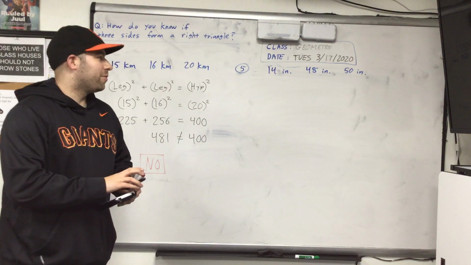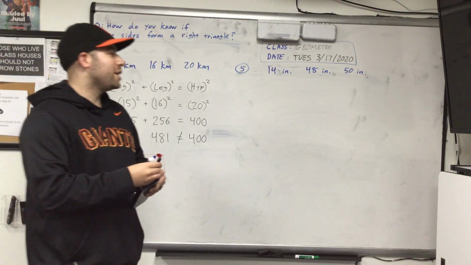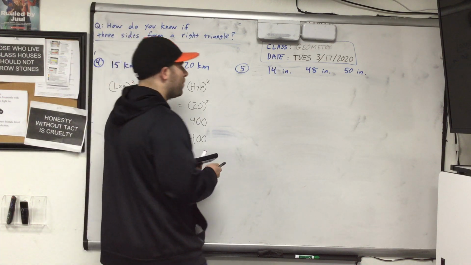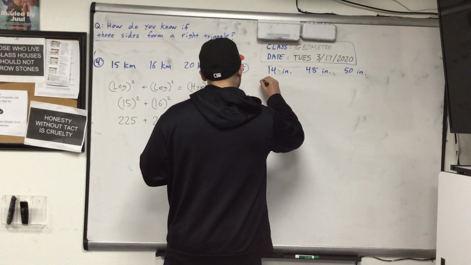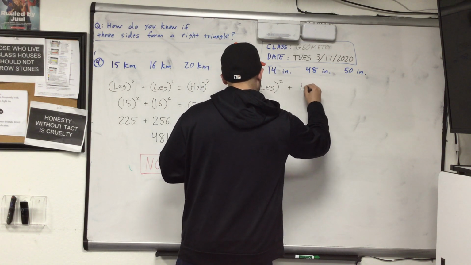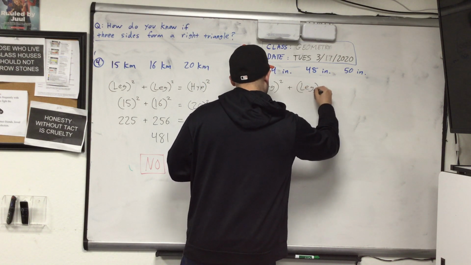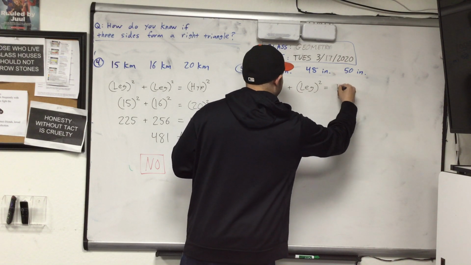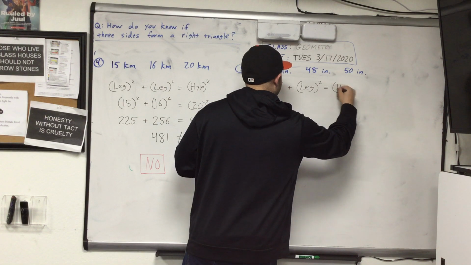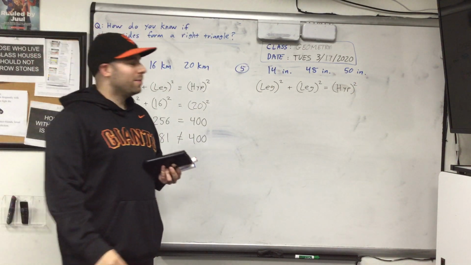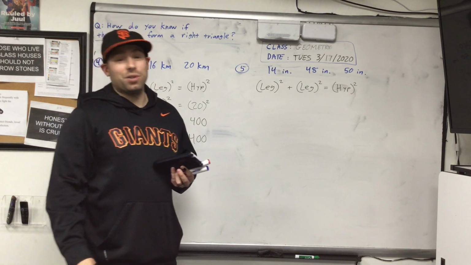Moving on to problem number 5, once again, we've got 14 inches, 48 inches, and 50 inches. Let's see if they form a right triangle. Once again, let's order them short, medium, and long, where the long is the hypotenuse.